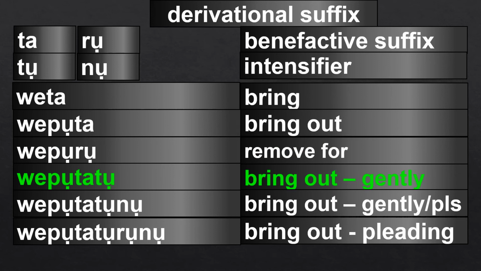We also have wepotatu. Again, wepotatu is asking you to bring out, but there is the suffix for little or for gentle, or for something that is maybe done quietly. So wepotatu is kind of saying please bring out, or gently bring out something.